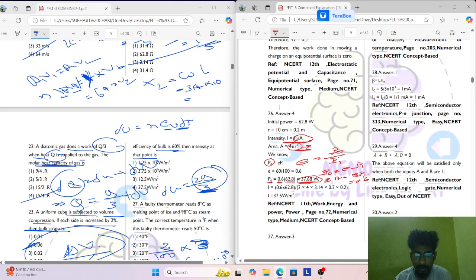So I will be 37.68 divided by 4 pi r square, that means 4 pi into 0.2 into 0.2. Just put the value and you will get the answer, around 37.5.